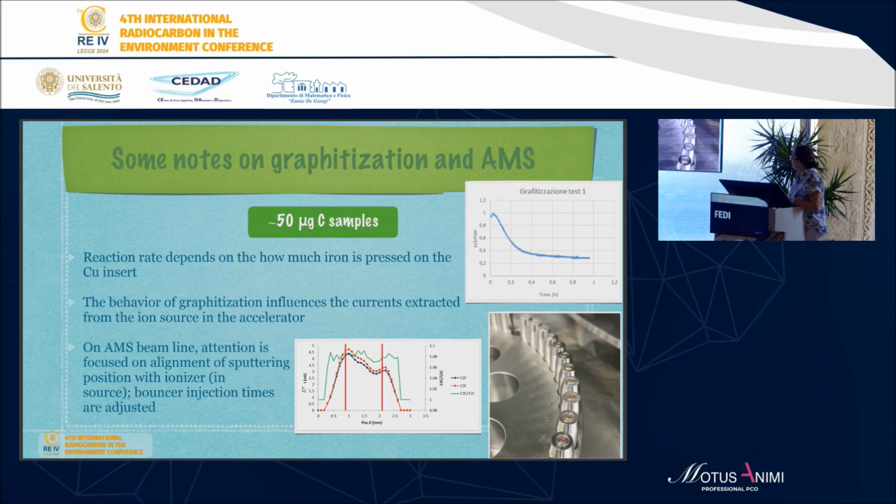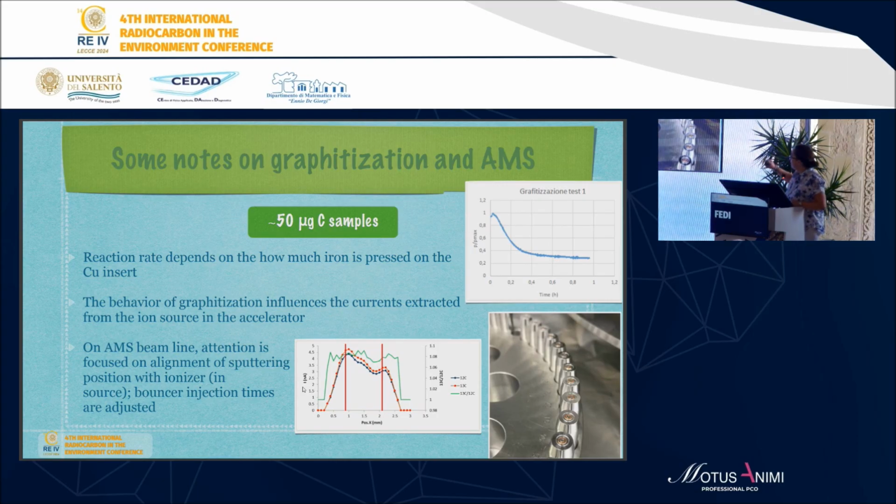So I think it's really important to be in stable conditions when we measure in the accelerator, but as we all know, these stable conditions start well before, in the sample preparation laboratory.